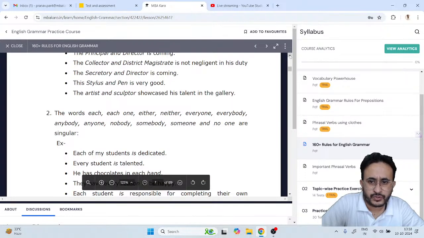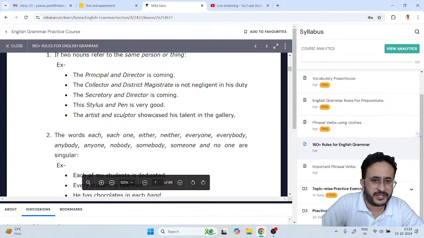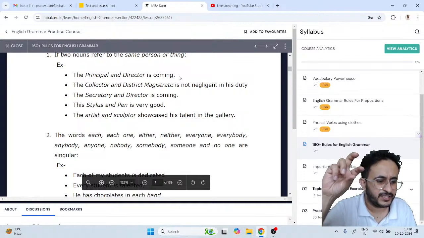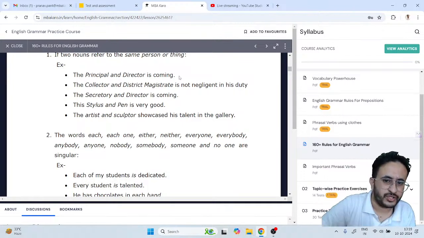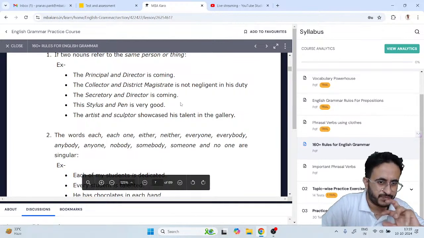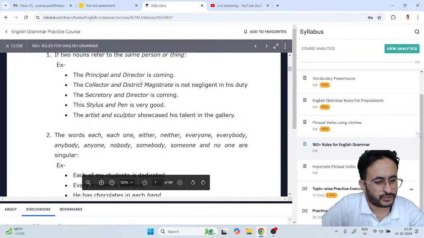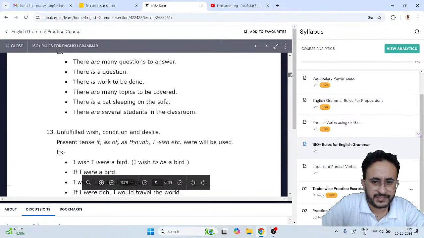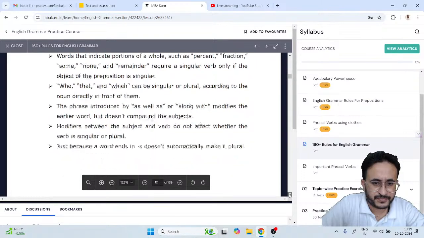So, like we did this, right? The principal and the director is coming. It is the same rule which was tested: the politician and the statesman. Whenever we have two people talking about the same person or thing, we use is instead of are. Exactly the same thing was tested in the examination.